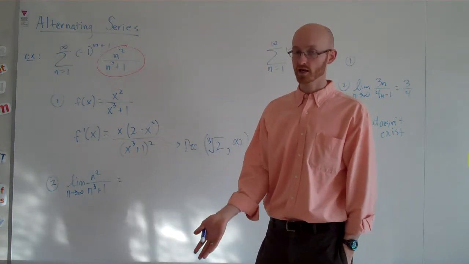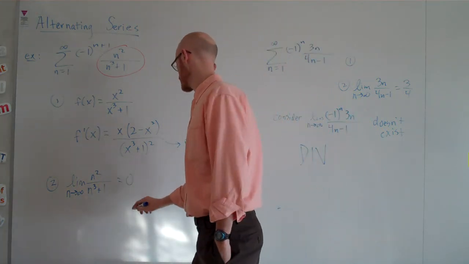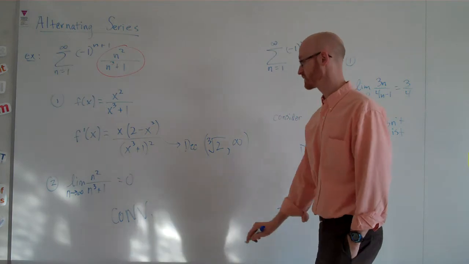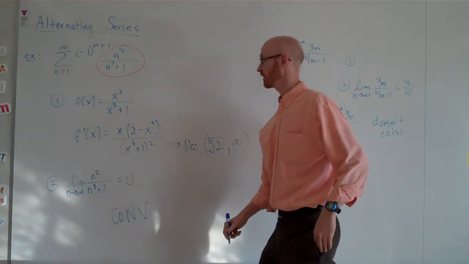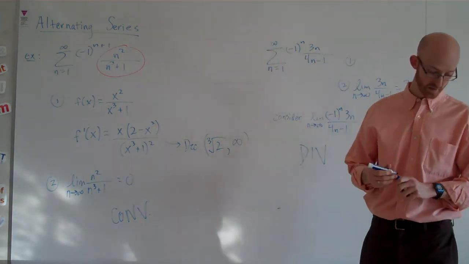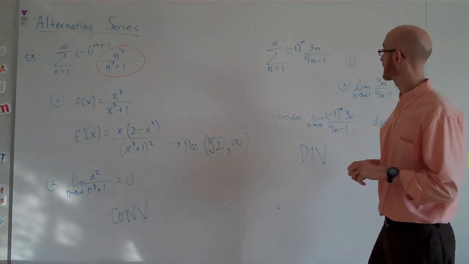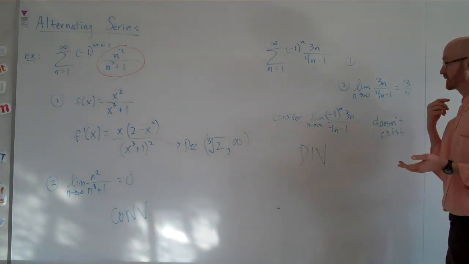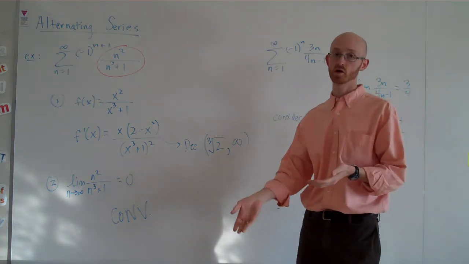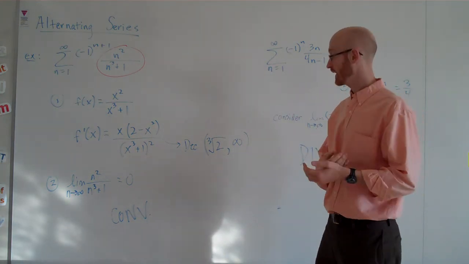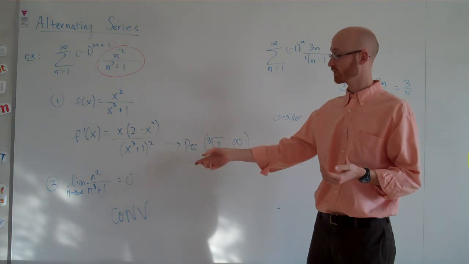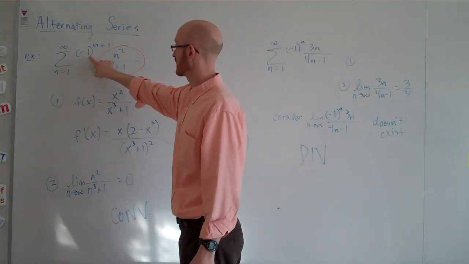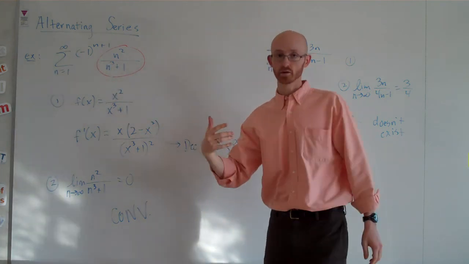We know that the denominator is dominant, which means this goes to 0, which means the whole thing is convergent because of the alternating series test. So actually that's it. For the alternating series test, you just need two things. You need to know that the next term every time is smaller than the term before it, and you also need to know that the limit of the sequence that's not the alternating part goes to 0.